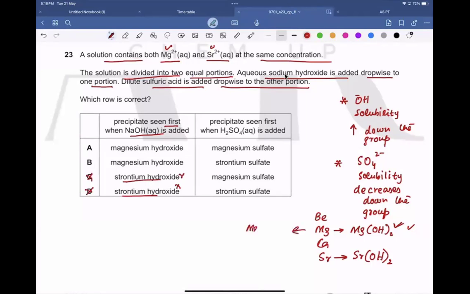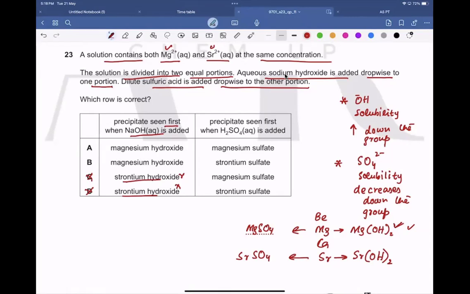Now, magnesium sulfate forms and strontium sulfate forms. Among these two, which one is less soluble, magnesium sulfate or strontium sulfate?